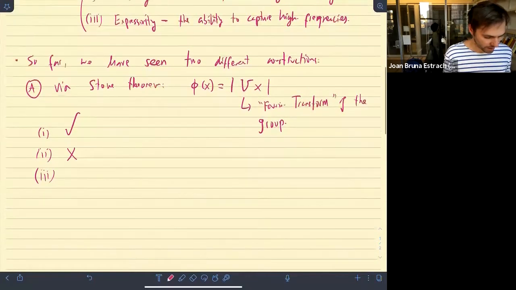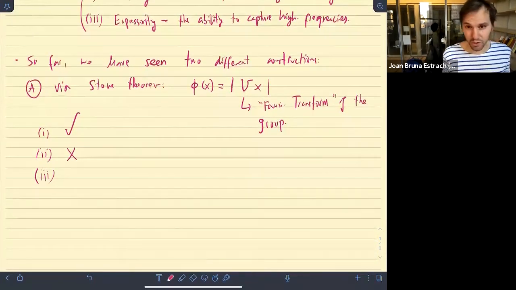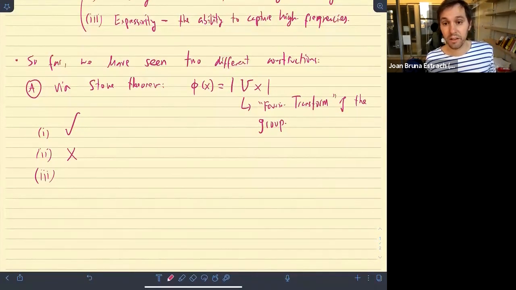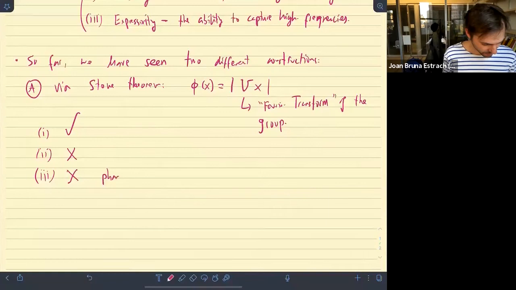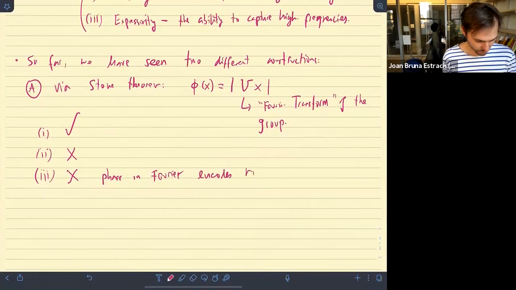And we also argued, we didn't show the results, that just keeping the phase, throwing away the phase in the Fourier domain, is very dangerous. It can actually throw away information. So basically, the phase in Fourier retains, or encodes, rich information.